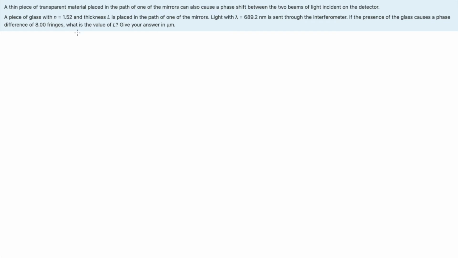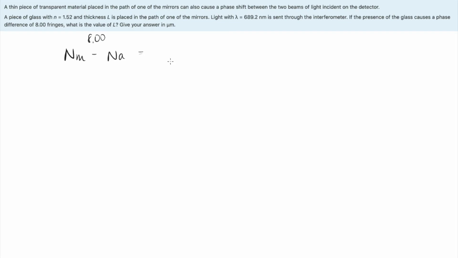Okay, so we actually had an equation for this. When we placed a material in the path of one of the arms, we have a number of wavelengths for the material minus the number of wavelengths that would occur if the wave were just traveling in air. And this is actually going to be our number of fringes. So this is going to be our 8.00 fringes.